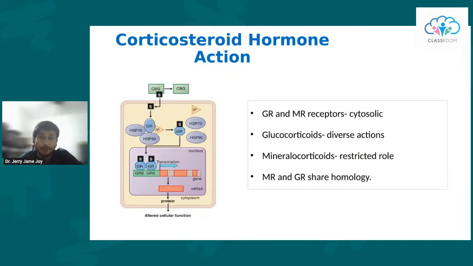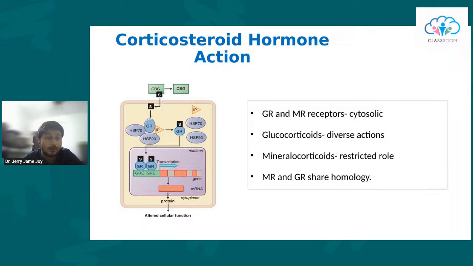Now, the mechanism of action of corticosteroids. There are basically glucocorticoid and mineralocorticoid receptors which are present in the cytoplasm. So cortisol in the blood will be bound to cortisol binding globulin, and subsequently it enters the cytosol, where it binds to the glucocorticoid receptors.